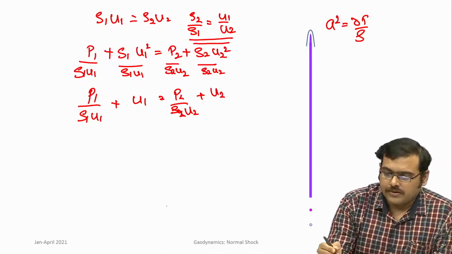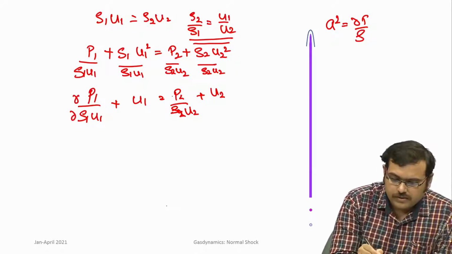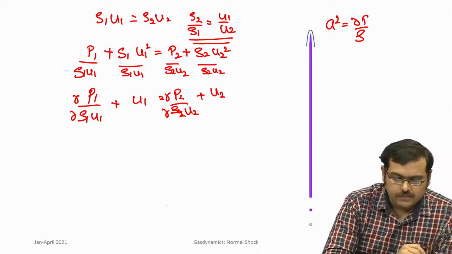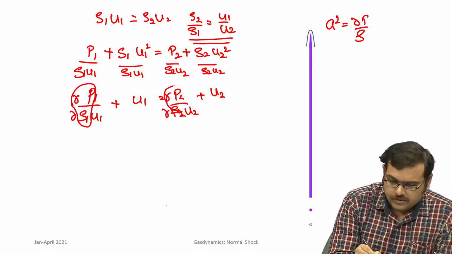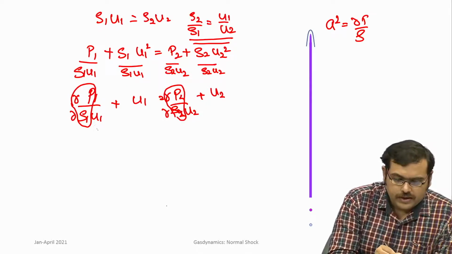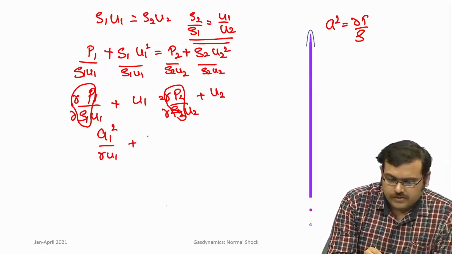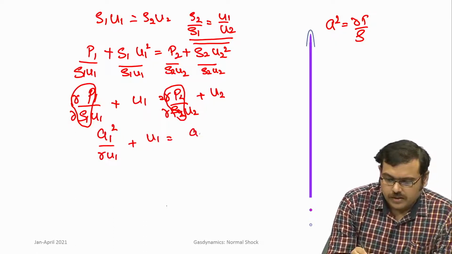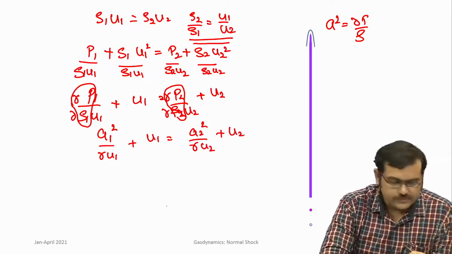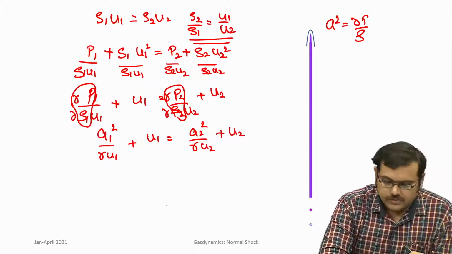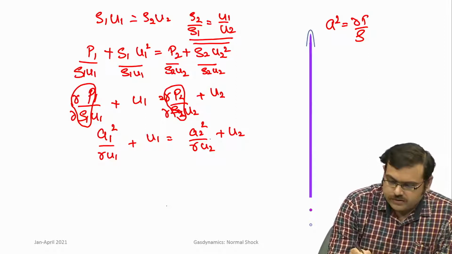So we will see how we can bring this information into this equation, and you can do that by multiplying and dividing by gamma, so gamma P by rho is one group. So you can write this as A1 square by gamma U1 plus U1 equals A2 square by gamma U2 plus U2.